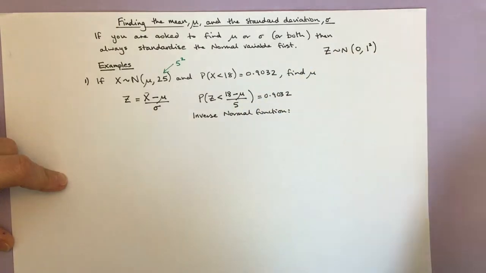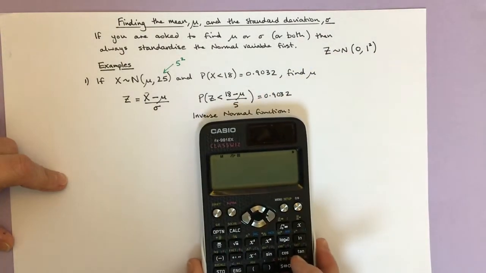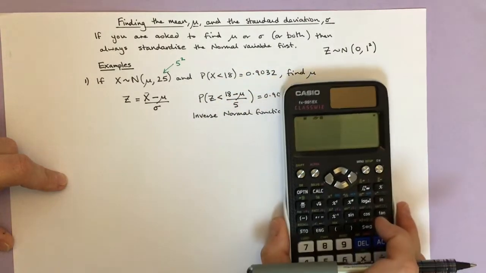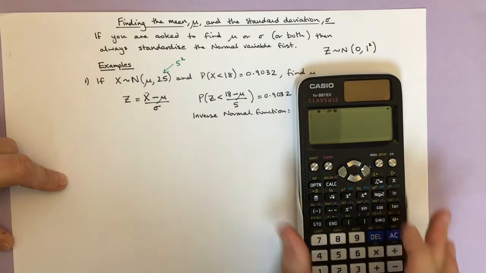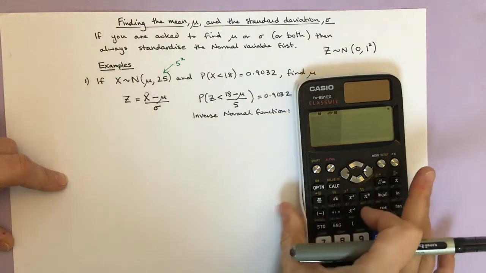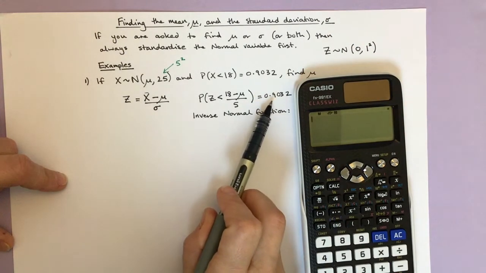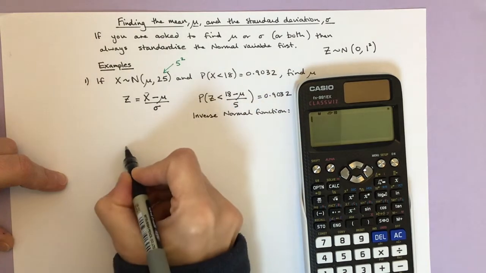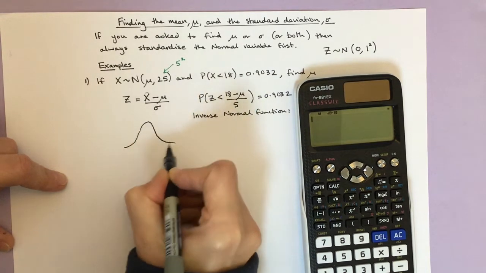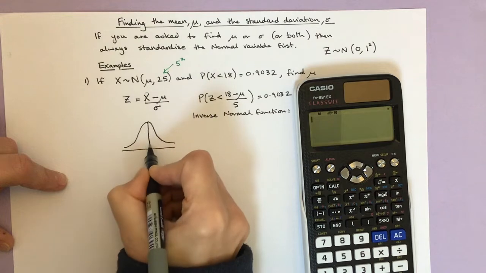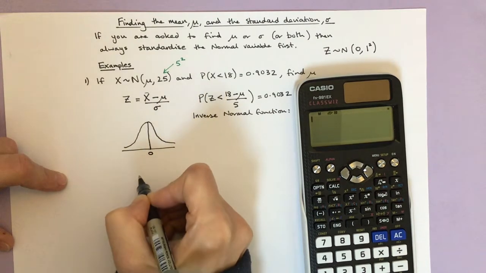So I'm just going to get my calculator. Hopefully that's in screen now. And so from that, what am I going to do? I'm going to put in this normal distribution, and I'm putting in this area to work this out. So I'm just going to draw a little diagram to illustrate that. So I've got my normal distribution. It's a standardised one, so it's centred on 0.